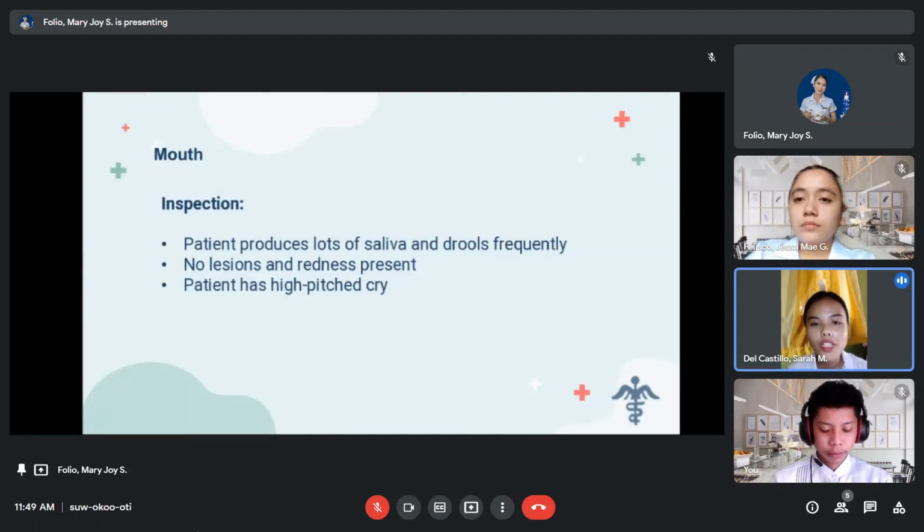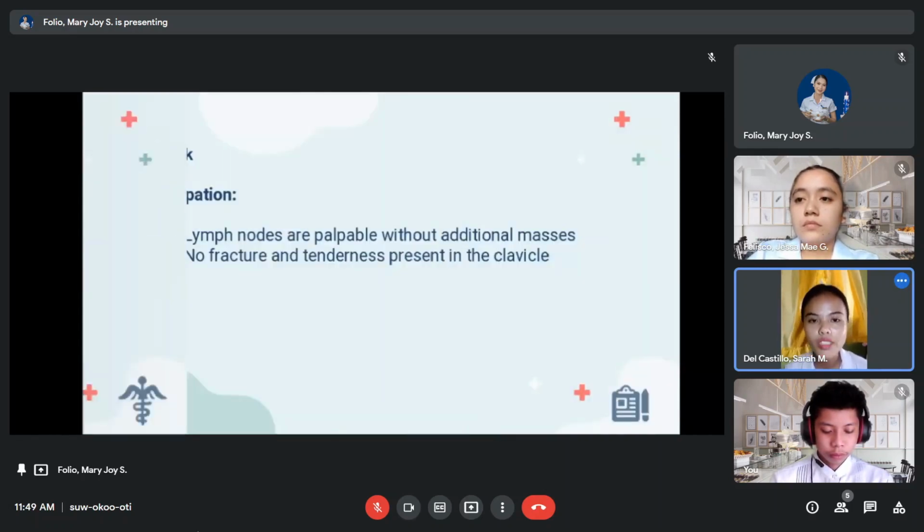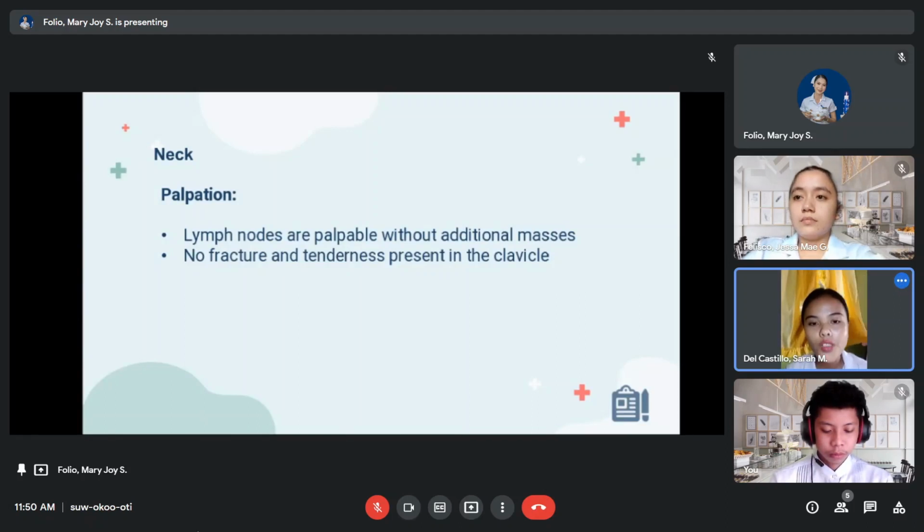For the mouth, upon inspection, patient produces lots of saliva and drools frequently. No lesions and redness present. Patient has a high-pitched cry. For the neck, upon palpation, lymph nodes are palpable without additional masses. No fracture and tenderness present in the clavicle.